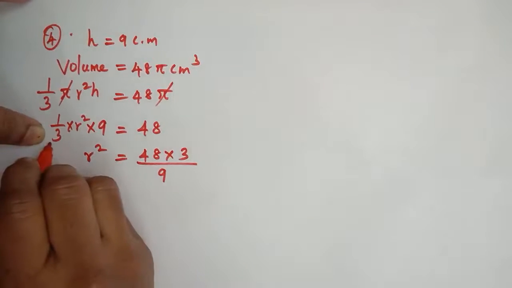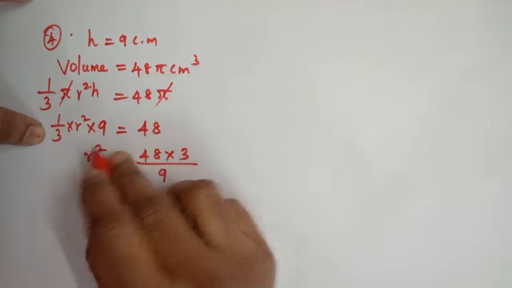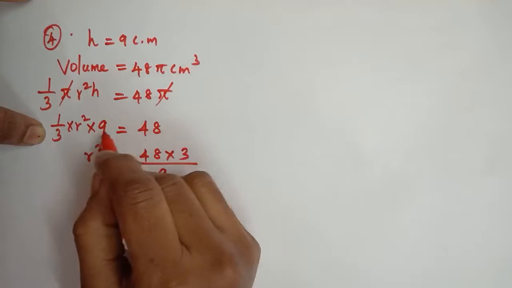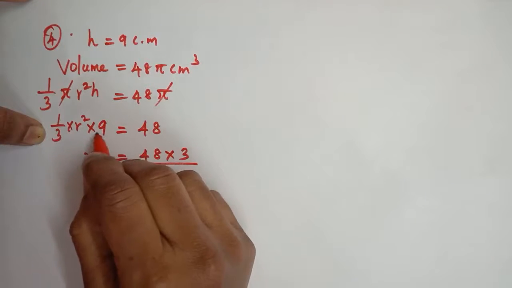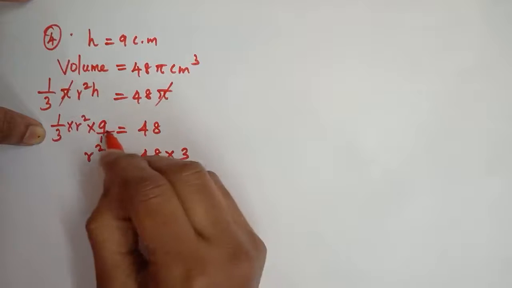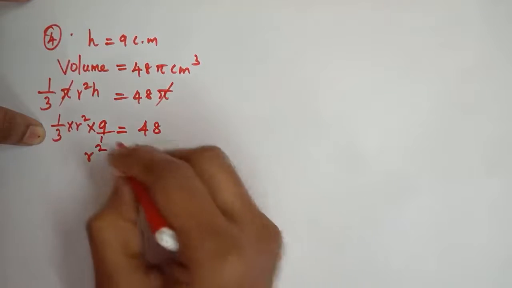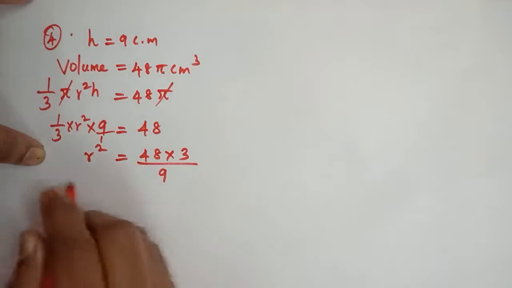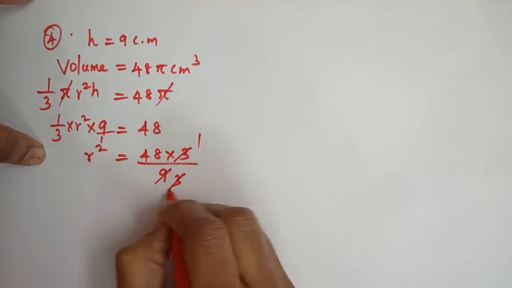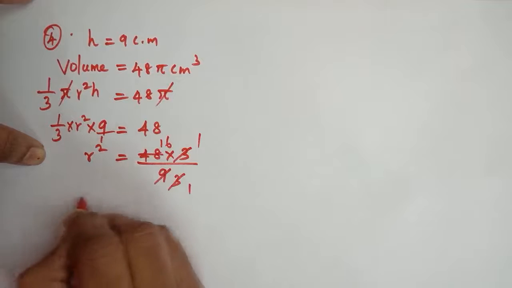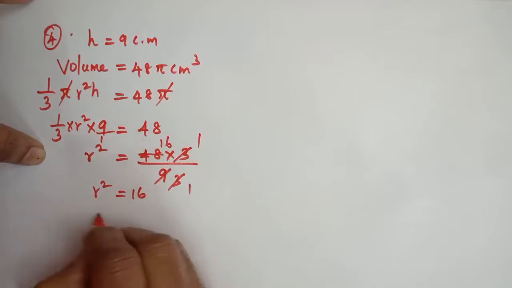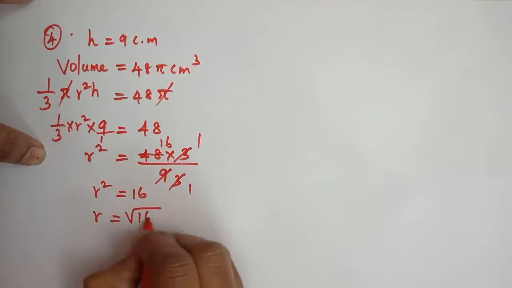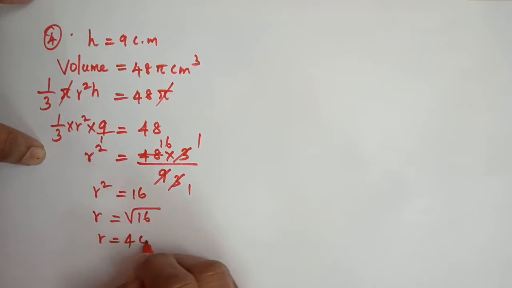Because 3 is in the denominator, if it moves to the right hand side, it becomes numerator. 9 is numerator, if it goes to the left hand side, it becomes denominator. Is it clear? Okay, so 1 3, this is 1 3, this is 16. So r squared is equal to 16. Therefore r equal to root 16, r equal to 4 centimeter.